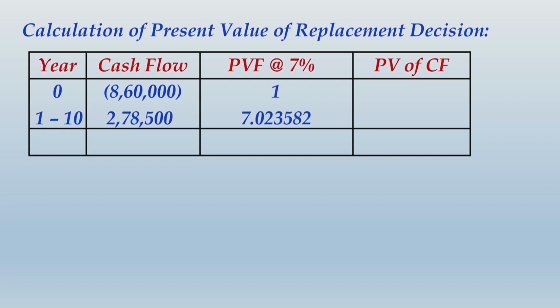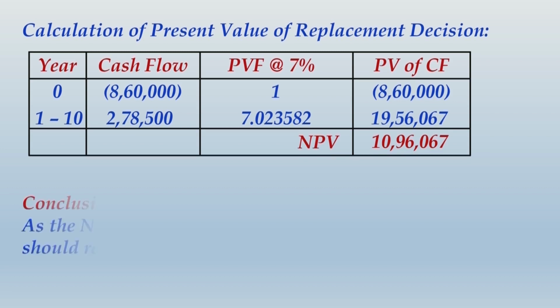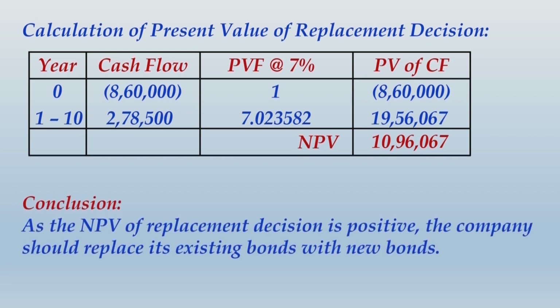When these factors are multiplied to the respective cash flows, you get the present value of cash flows in the form of net present value, that is 10,96,067 positive. Conclusion: as the NPV of replacement decision is positive, the company should replace its existing bonds with the new bonds. So friends, do one thing, take note of these calculations also, and that will be the end of the solution.